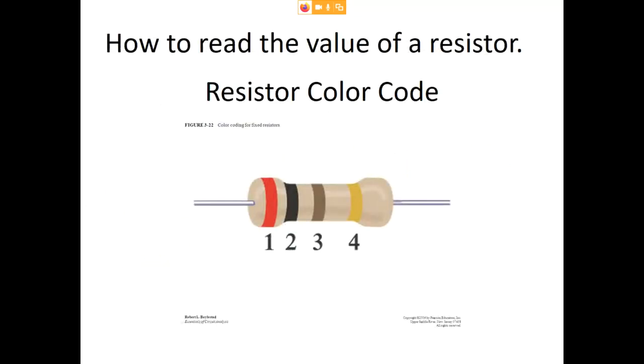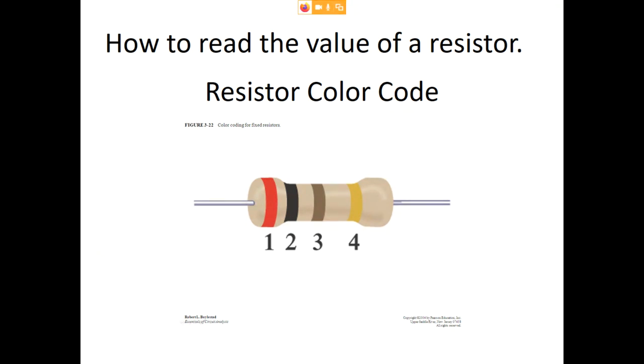All right, so when we have these resistors, if it's a big resistor, then it'll have stamped on it how much resistance and how much power it's rated for. But a lot of these resistors are so small that they can't put the information in there as text where we could actually read it because they're just too small.